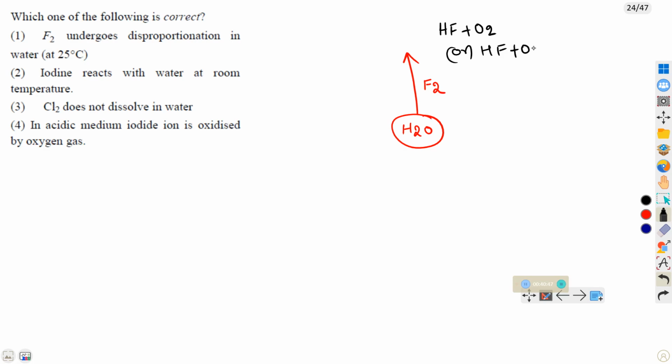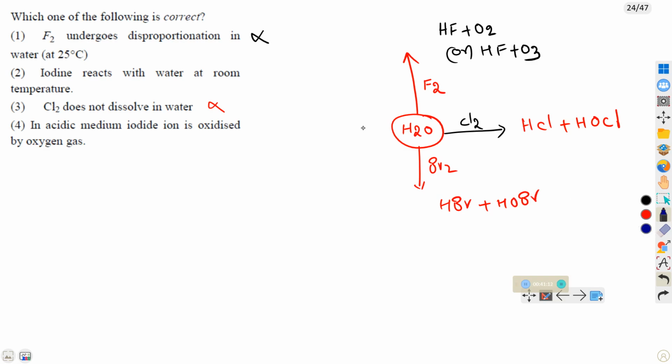So based on this, this is not a disproportionation reaction. H2O reacts with chlorine, then it gives HCl plus HOCl. Chlorine water. Cl2 does not dissolve in water, wrong.